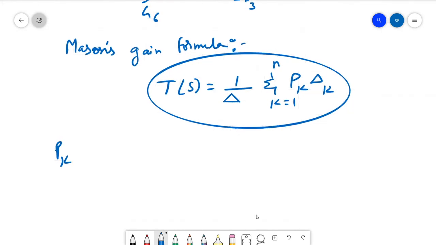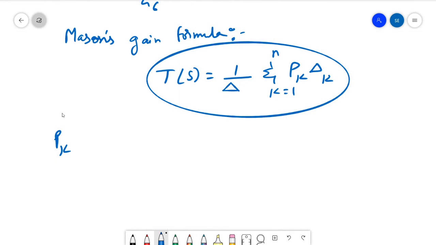Write down the forward path gains. First forward path gain, that is P1 is equal to G1, G2, G3, G4, G5.